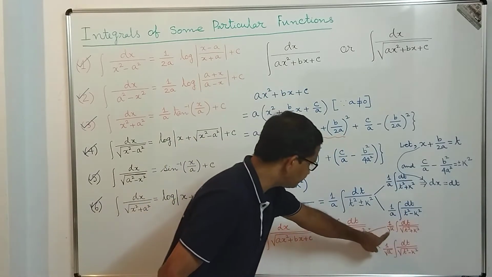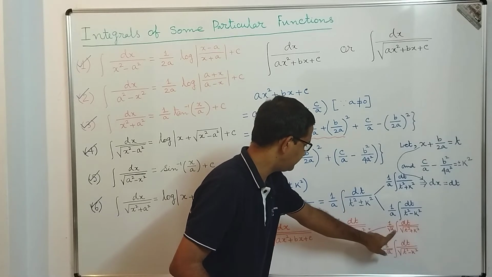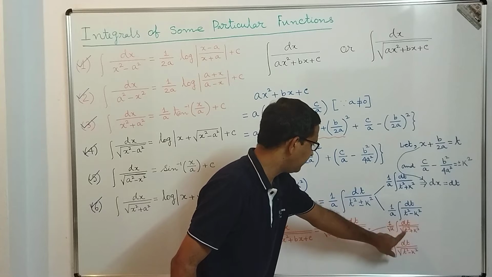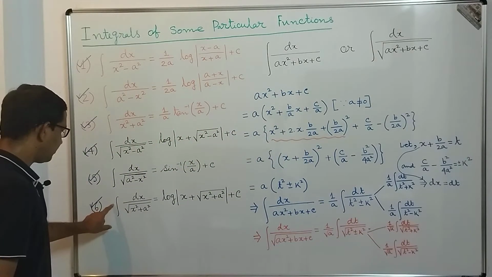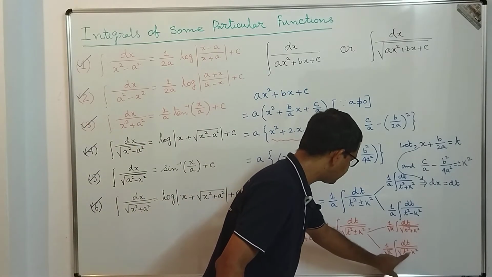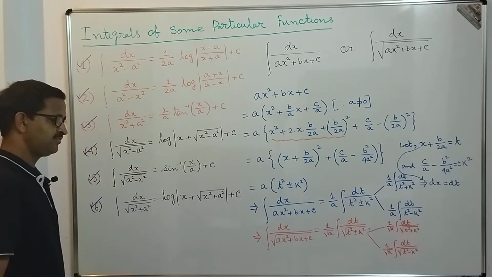Now if we get this form, 1 by square root of a is a constant, so we can just concentrate on this one. So dt by square root of t square plus k square, then we will apply this formula. Or if we get integration dt by square root of t square minus k square, we will use this formula.